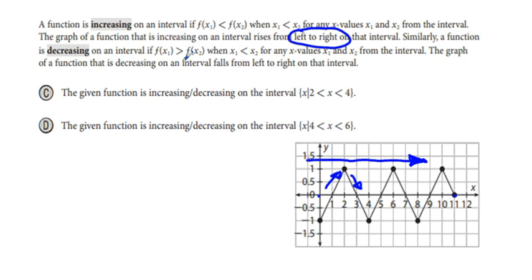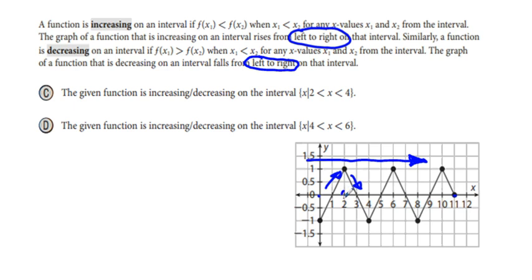Accordingly, a function is decreasing if f of x1 is greater than f of x2 when x1 is less than x2. Basically, they're going in opposite directions over the interval, and we will again evaluate from left to right. C, the given function is increasing or decreasing on the interval x between 2 and 4.